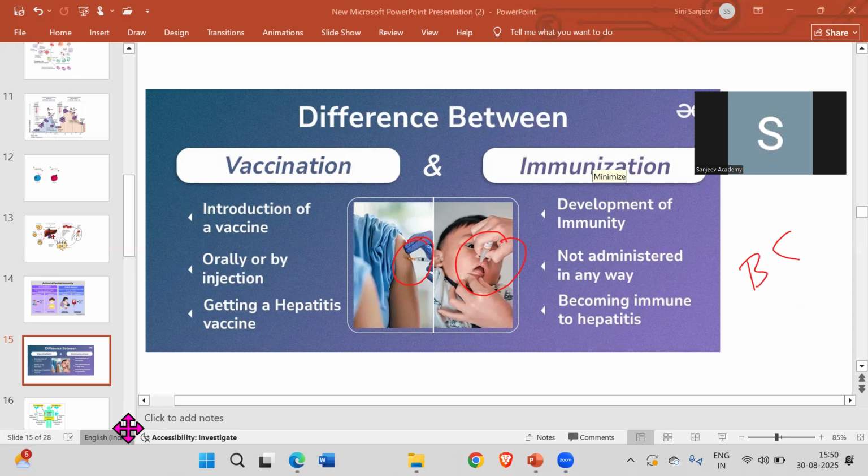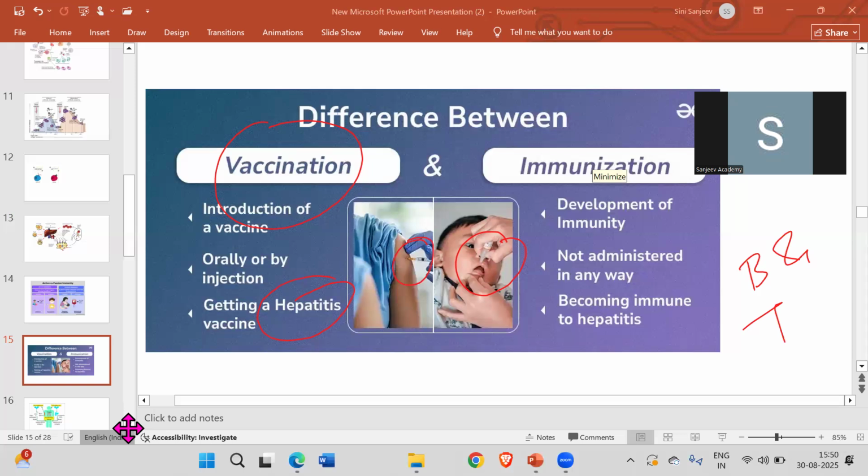As I told you, B and T. These B and T memory cells are going to recognize the pathogen quickly because you already took the vaccination and your body has produced the memory of this microorganism, so you need not worry further. The vaccinations you usually take are polio, hepatitis, and DPT vaccines for the baby. All those are called vaccination.